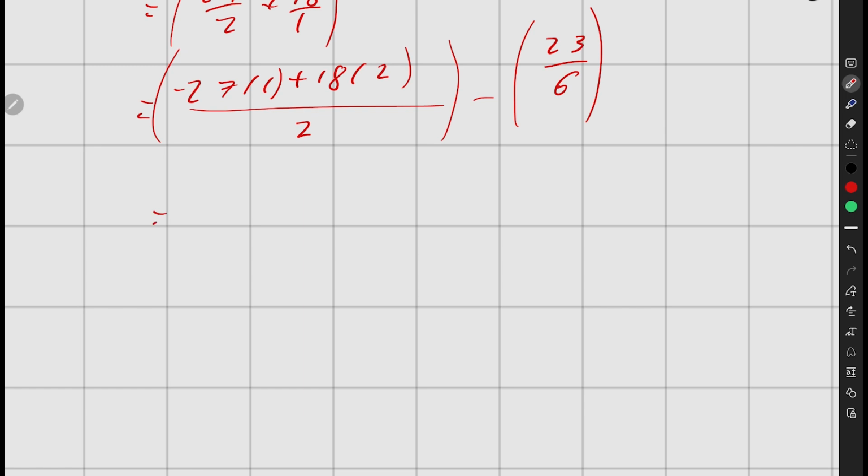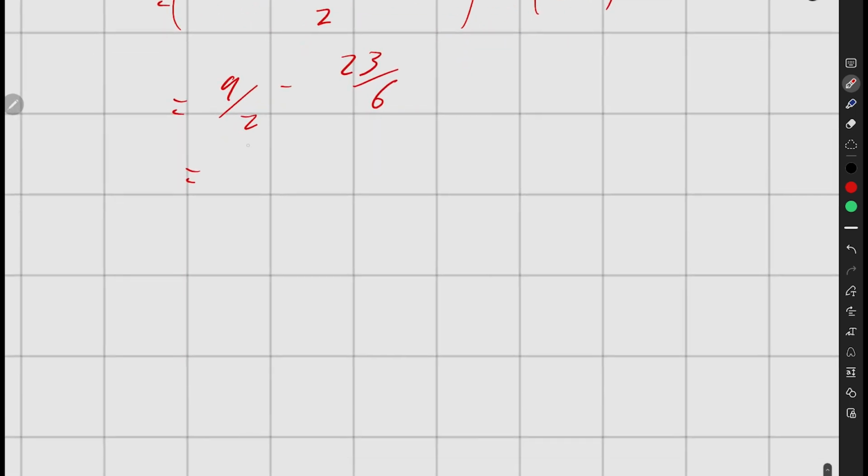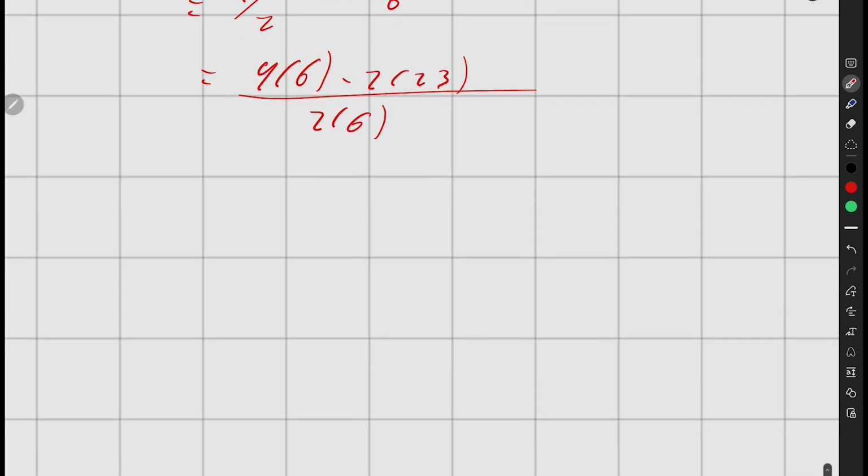Then that's going to give us 36 minus 27, 9 on 2 minus 23 on 6, which is going to be equal to 9 times 6 minus 2 times 23 over 2 times 6.